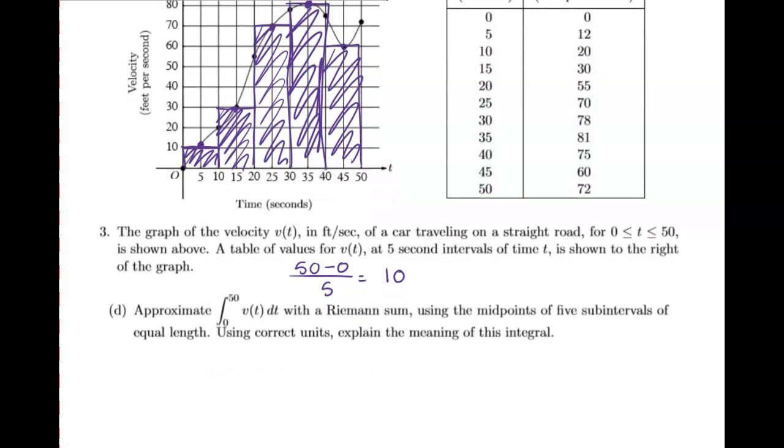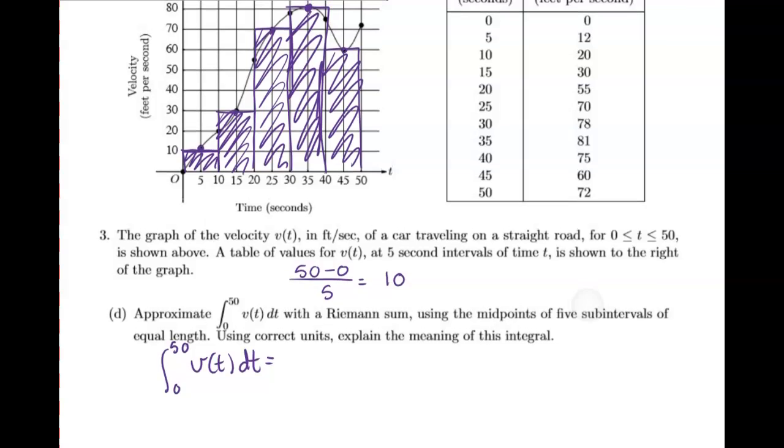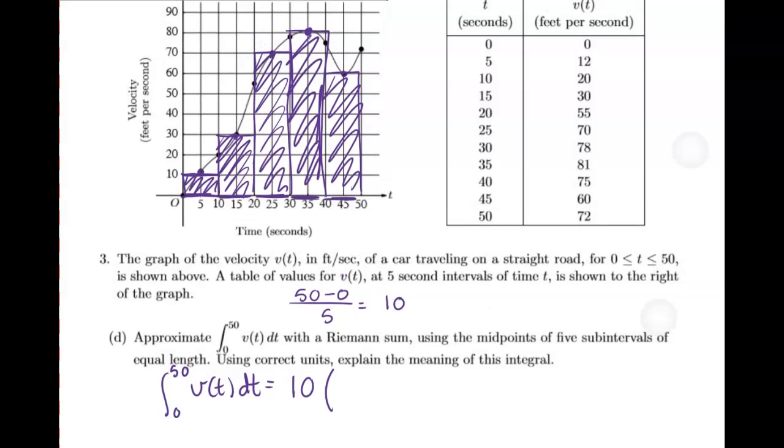So now, the integral from 0 to 50 of v of t. Our dx, the horizontal width of all these rectangles, is 10. And then we'll look at the heights. The height of this first rectangle, it looks like about 10 in the picture, but it's actually 12, plus, for this rectangle here, we're looking at 15. So our height is 30.